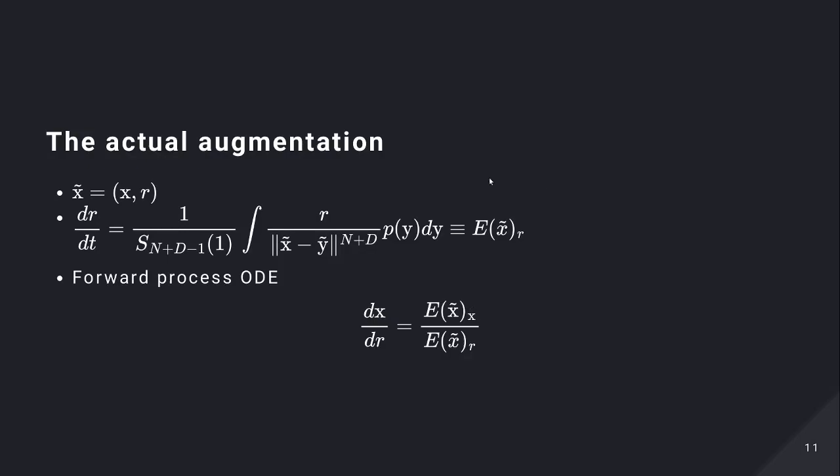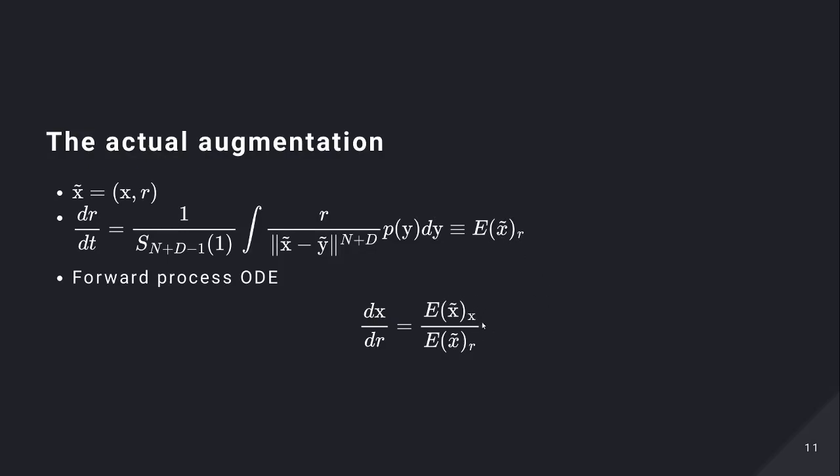So the actual augmentation you do is simply add this r distance, which is simply the norm of z, and you can do some calculation to find that dr over dt evolves as this equation, where it's very straightforward. You just have r on the top, you still have this norm of x minus y to the power of n plus d on the bottom, and the only thing you need to add is your original data distribution, and we call this the r component of the electric field.